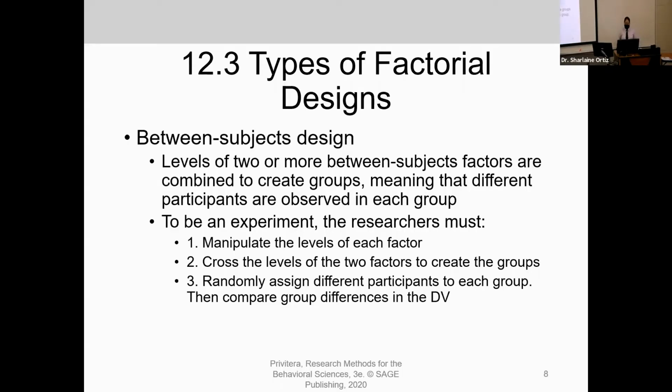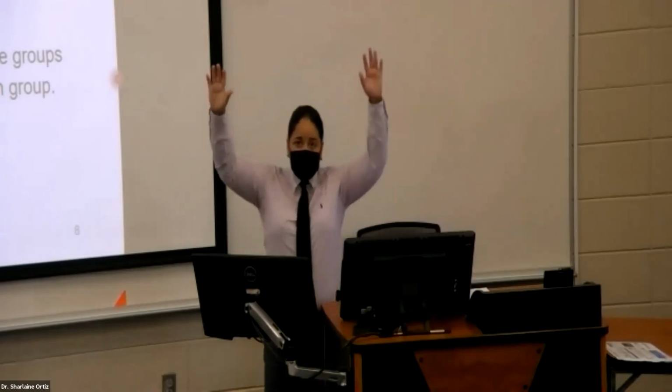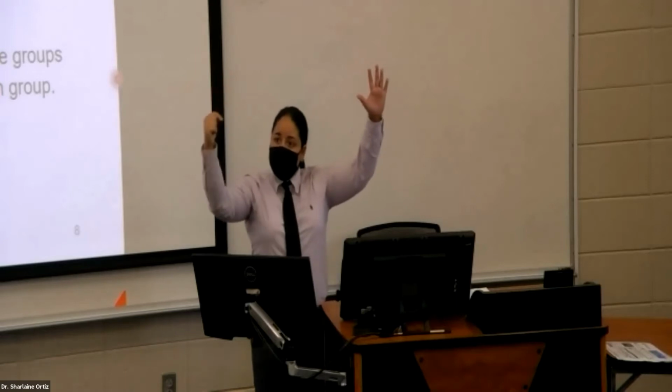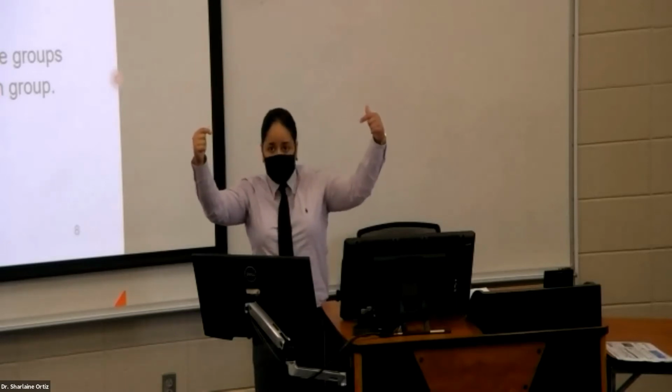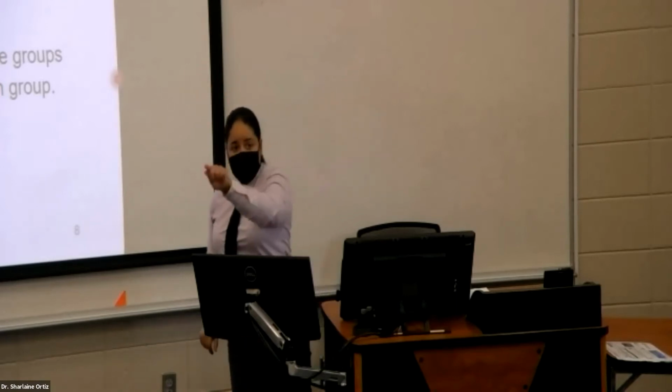What is another characteristic of the between subjects design? What is another requirement in order for it to be considered experimental? Notice that you will have to cross the levels of the two factors to create the groups. So for example, if I have factor 1 and factor 2, and level 1 and level 1 for the second factor, notice that when you're creating your groups, you should be able to cross between those groups.